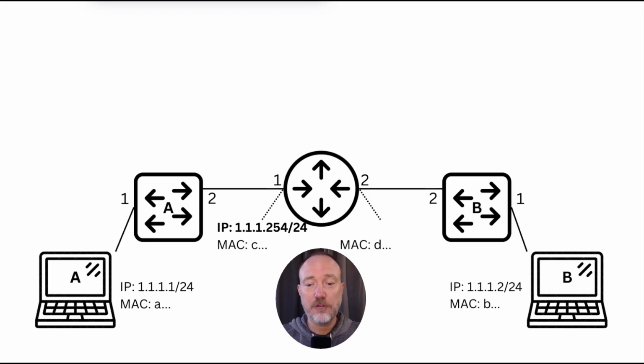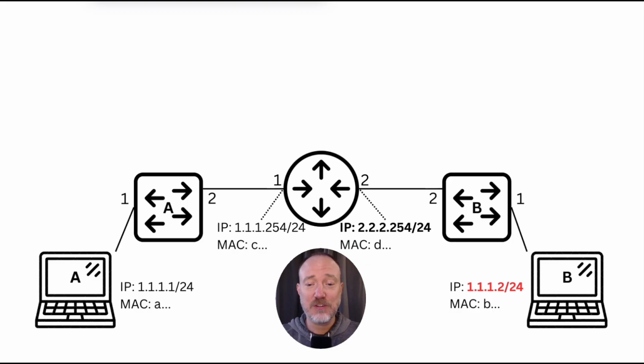So now we need an IP address for port 2 on the router. So we're going to give that interface an IP address of 2.2.2.254/24. And when we did that, we actually just introduced a problem because the IP address for PCB, it's connected off port 2 of the router, but its IP address was still 1.1.1.2/24.